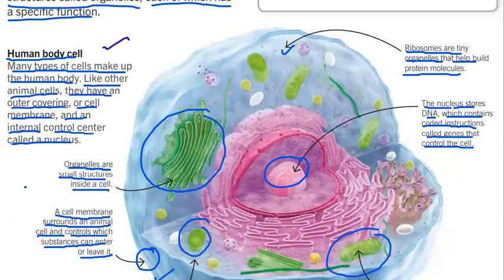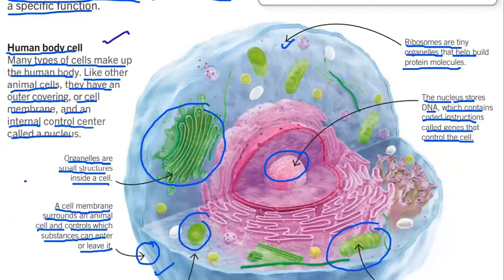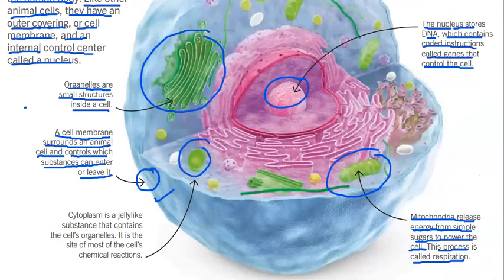Like other animal cells, they have an outer covering, the cell membrane, and an internal control center called the nucleus. We observed the nucleus, ribosomes, mitochondria, and cytoplasm.